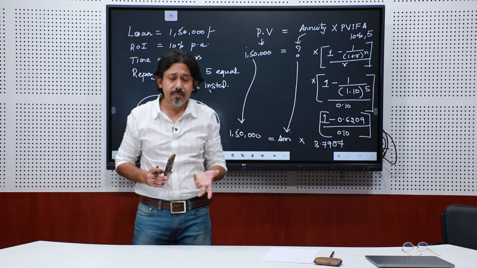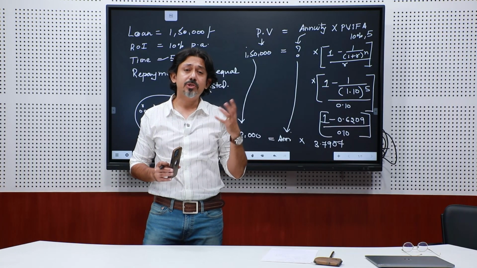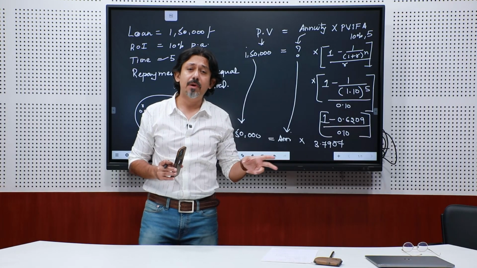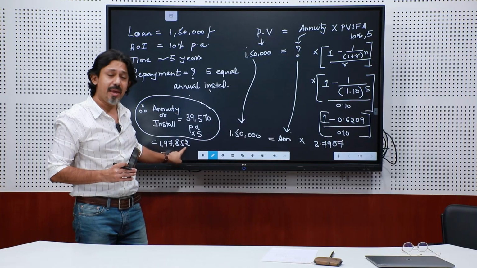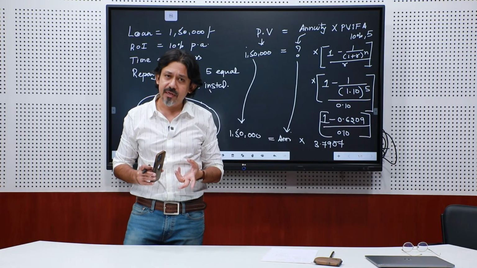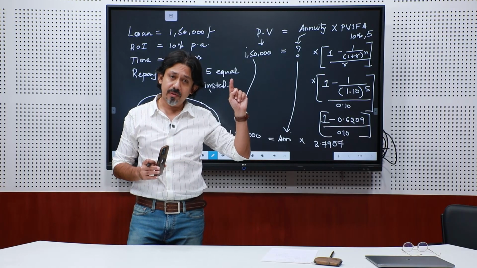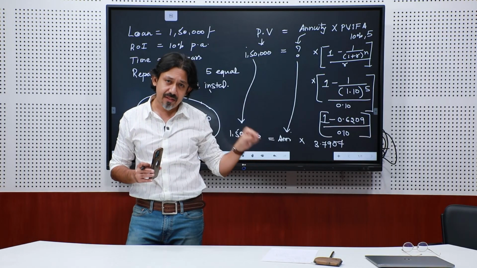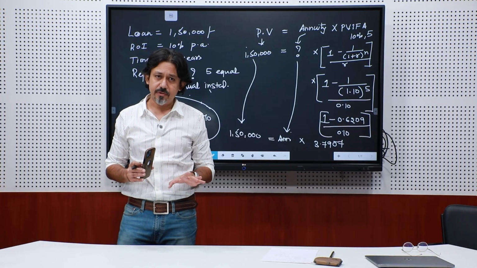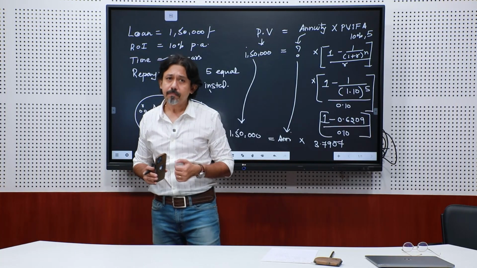Now, what is the decision making? You should be clear about your budget, the maximum installment that you are able to pay. If 39,570 is within your budget, you can take a quick decision that yes, I can afford this loan, 1.5 lakh at this rate of interest, 10%, for this time period of 5 years. I hope that helps. Thank you.